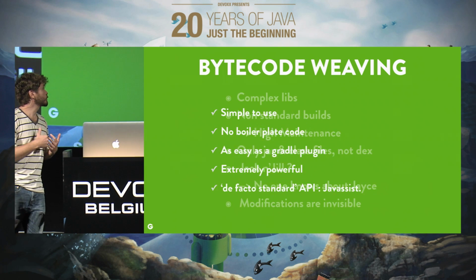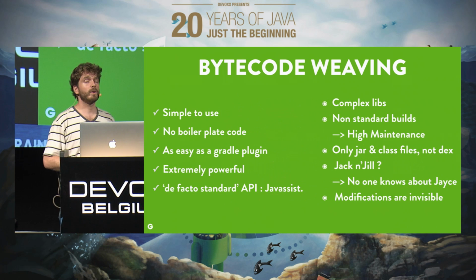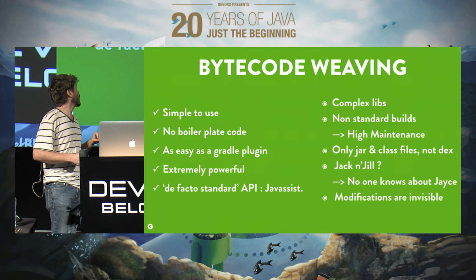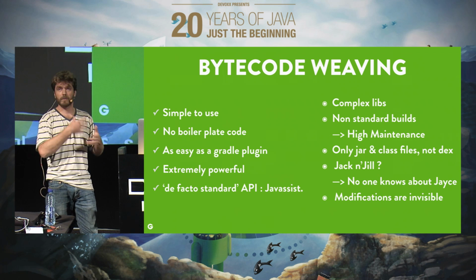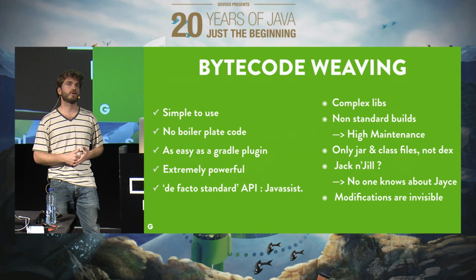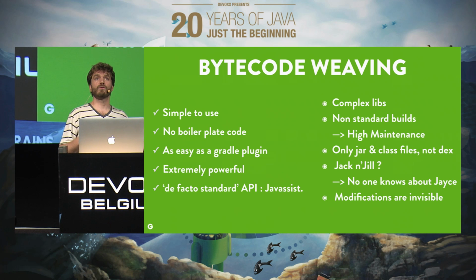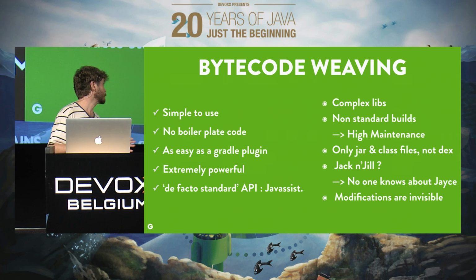So if we want to summarize what is good and what is wrong with the bytecode weaving technique, you can see that it's very simple to use. There is no boilerplate at all. What you do is just annotate, and then we give meaning to these annotations via a library. The library is very easy to use. You just add a Gradle plugin to your build. It will interpret the annotation and modify the bytecode for you, nothing else to do.